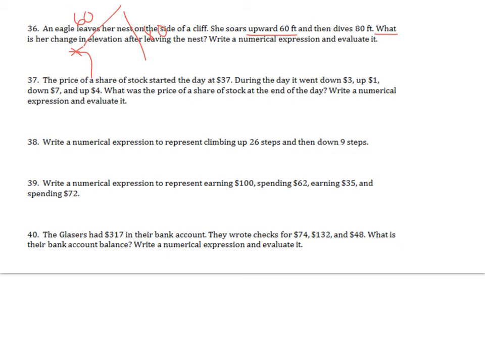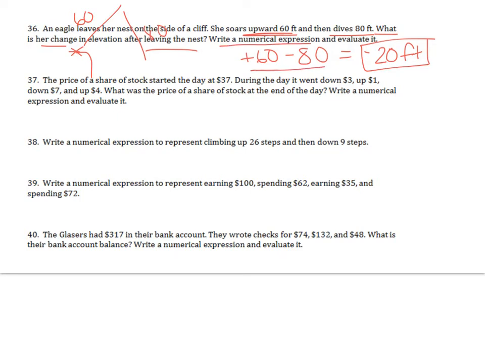What is her change in elevation? So she soars up 60 and then goes down 80. So 60 take away 80, or minus 80, is negative 20 feet. This is our numerical expression.